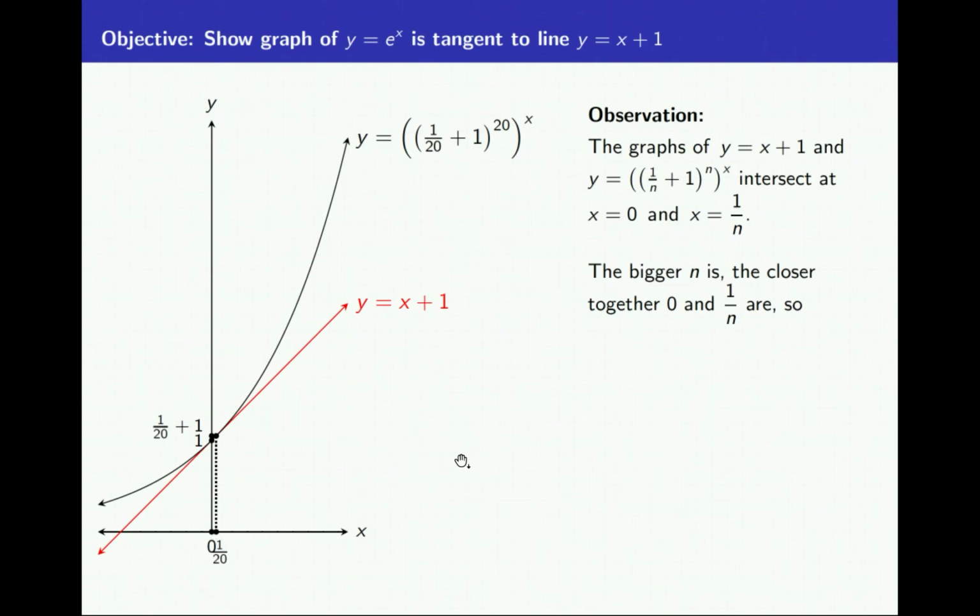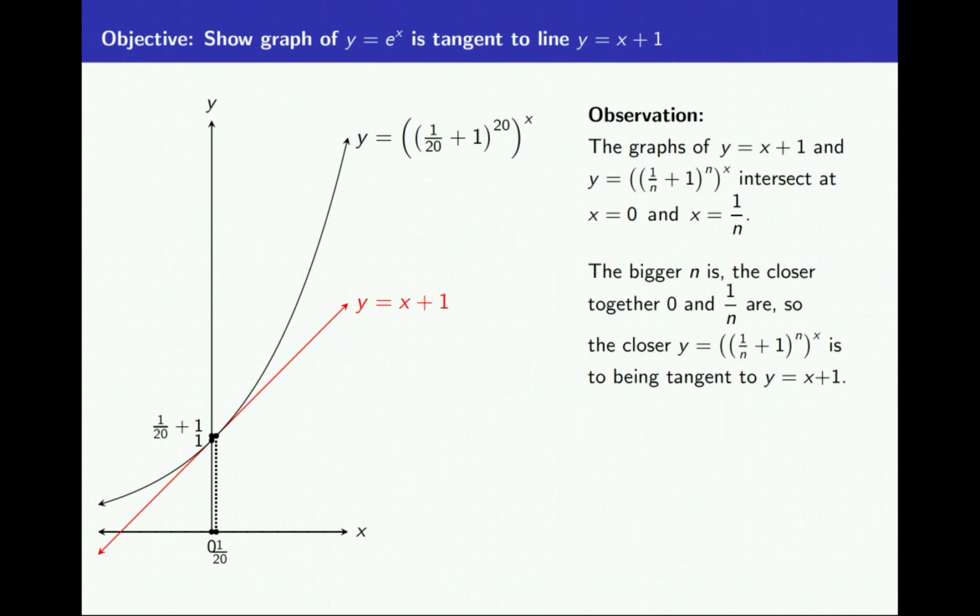So the closer y equals (1 plus 1 over n) to the power of n, to the power of x, is to being tangent to the line y equals x plus 1. The bigger n gets, the closer and closer this exponential function is to being tangent to this line y equals x plus 1.